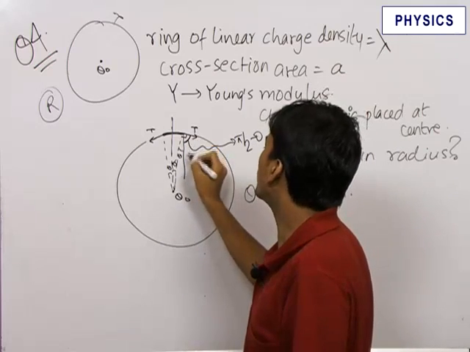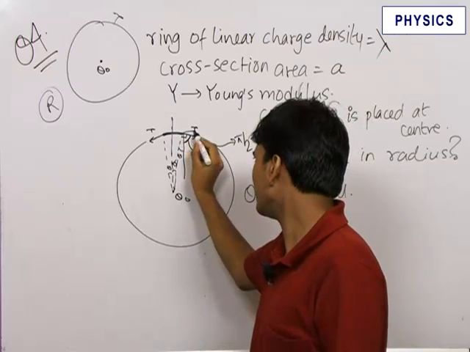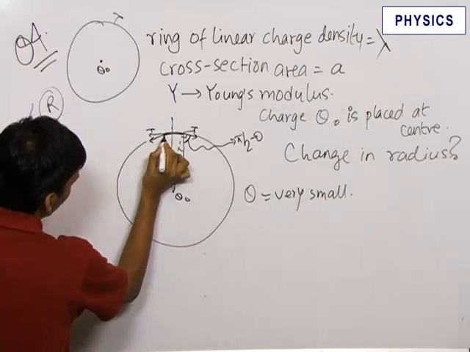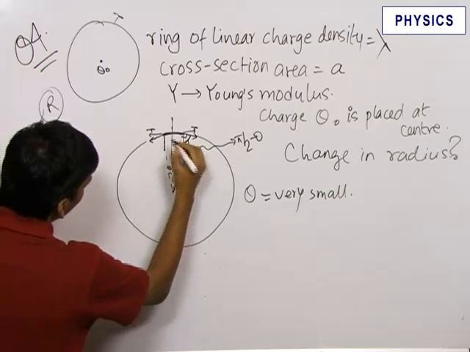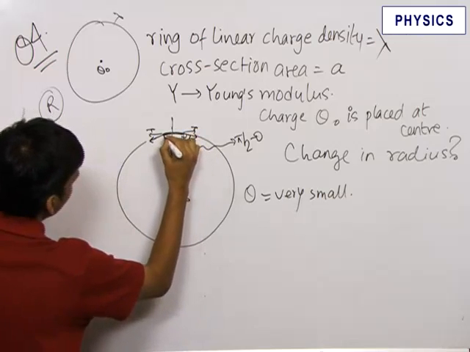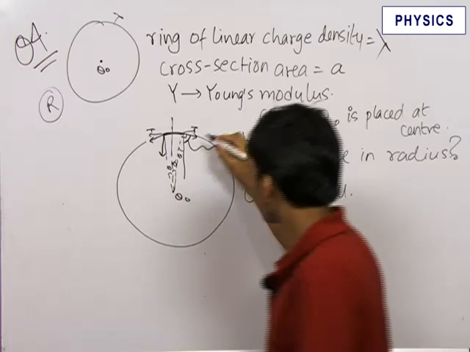Now if we take the components of tension in two directions, one in the vertical direction and the other in the horizontal direction, for both the tension forces, this is in the vertical direction.